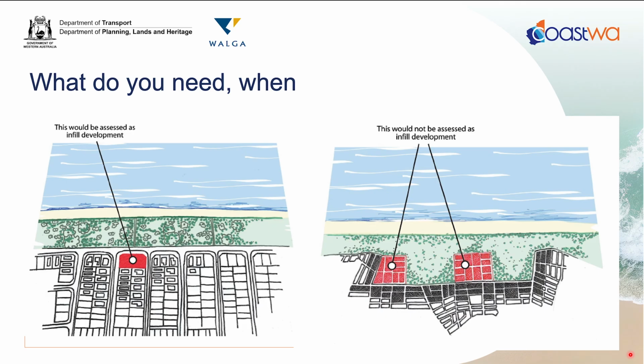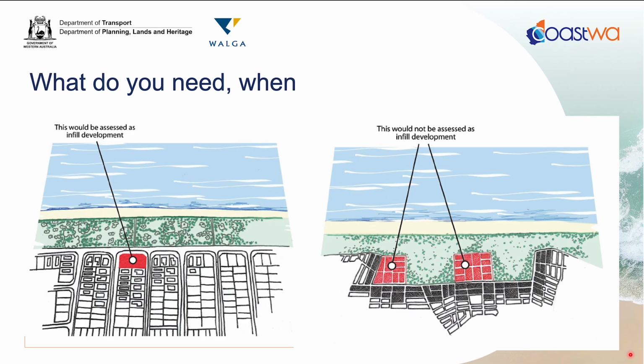In this second example, they would create a new subdivision of development of private property within the foreshore. The policy and the guidelines say this would not be assessed as infill development. That means that a CHRMAP in accordance with SPP 2.6 is required to accompany the subdivision proposal.